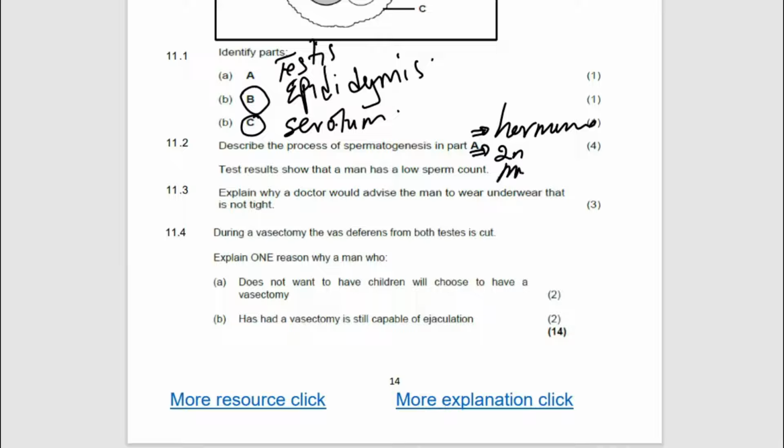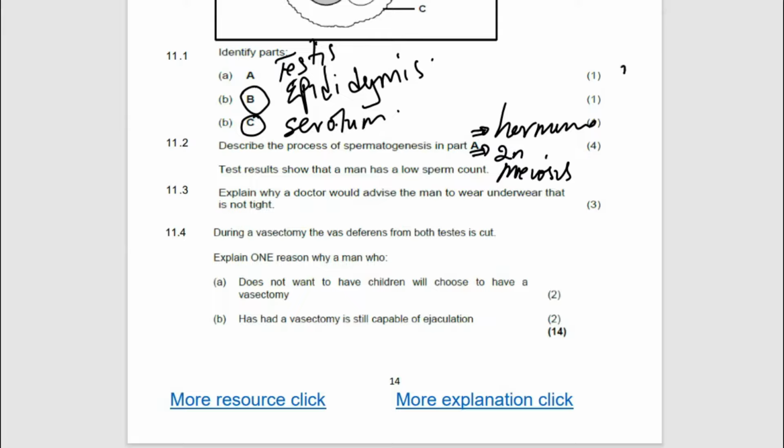If you mention the word meiosis, we shall give you a tick. Found in the seminiferous tube. We need to know where it is found. Found in the seminiferous tube to form haploid sperm cells.